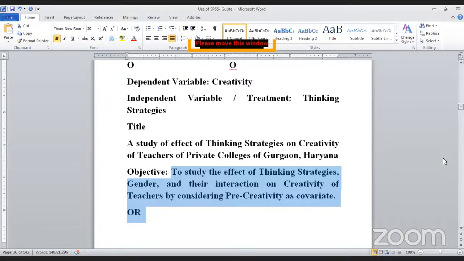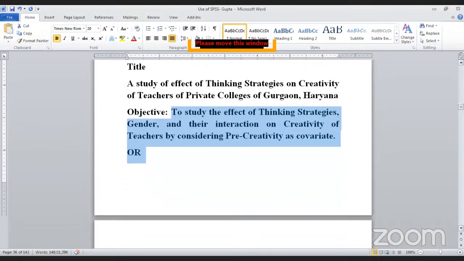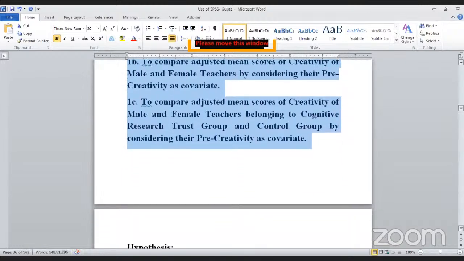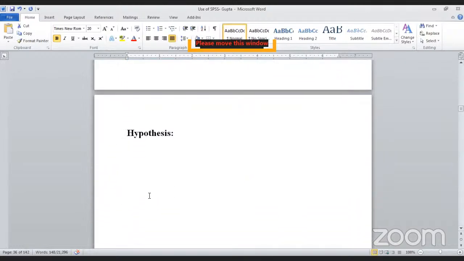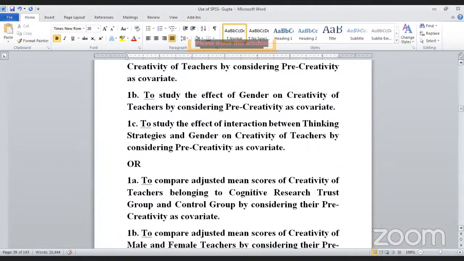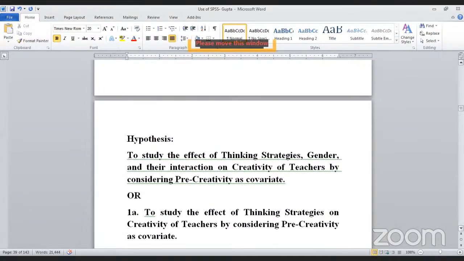Do you want me to write hypothesis for one or for all objectives? Okay. Let me write for all objectives. This was my first one.